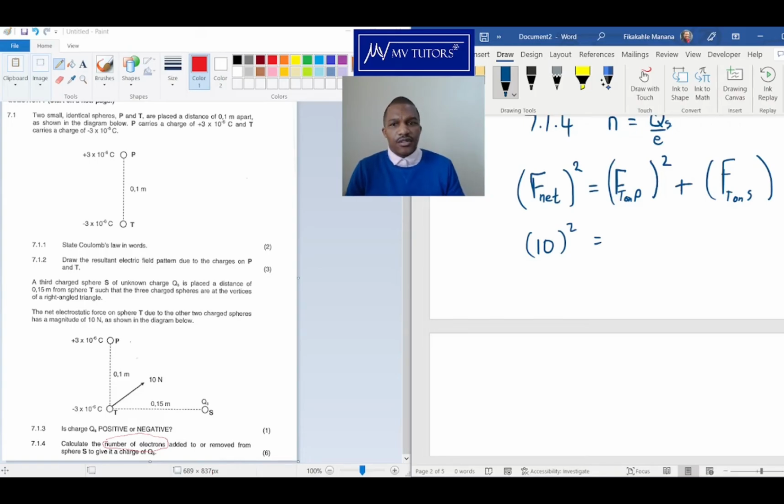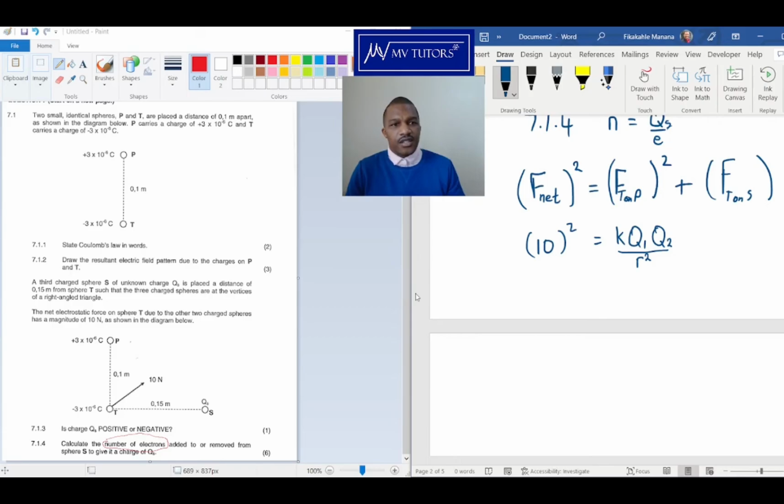We'll use that formula which is k Q1, we have the value of Q1, Q2, we have the value of Q2, over the distance between them.